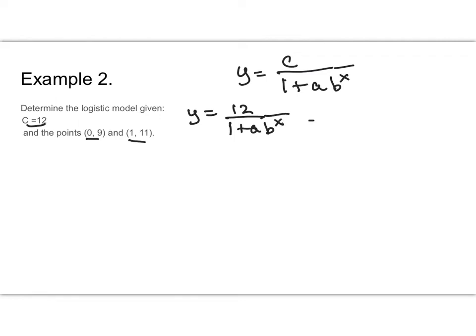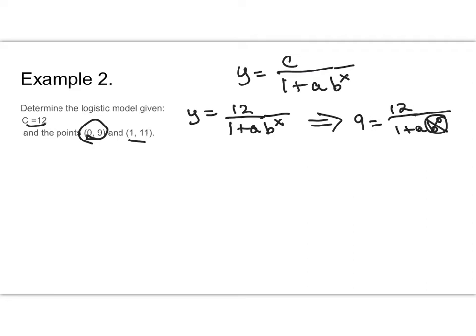All right, and then I'm going to use my point here, 0, 9. I need to use the one with 0 so that I can solve for A. So y is 9 when x is 0. All right, this cancels out.